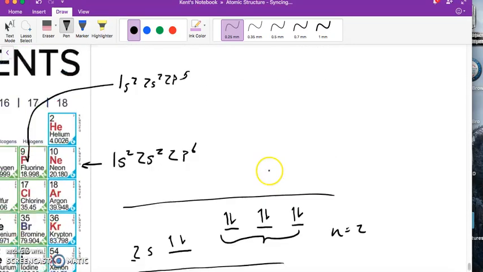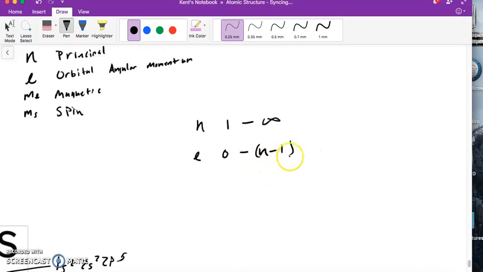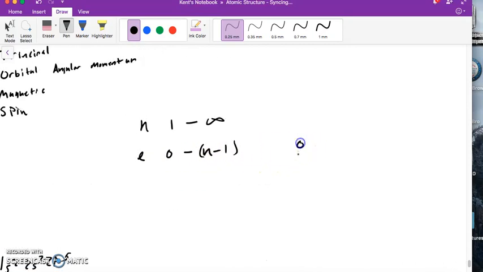So for L, 0, 1, 2, 3 correspond to s, p, d, or f. You could have a fourth one and it would be g, but this would be a hypothetical electron.